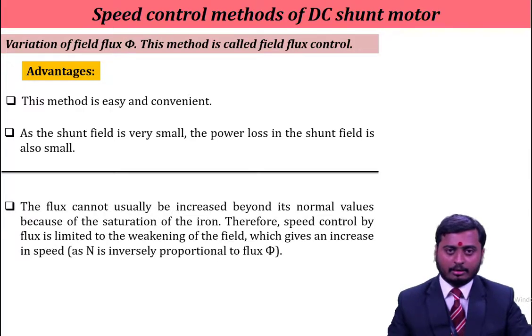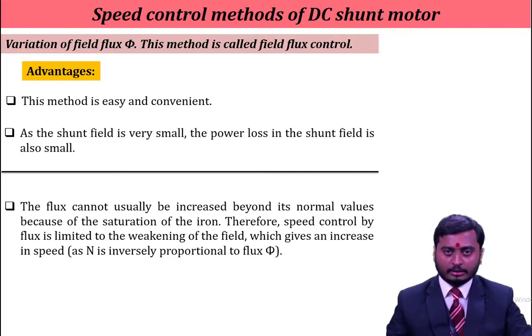And what are the important points related to this method? Here the flux cannot usually be increased beyond a certain limit. Why? Because if the flux is increased beyond a certain limit, there will be saturation of the iron, and therefore this speed control method is limited to weakening of the field, which gives an increase in the speed.